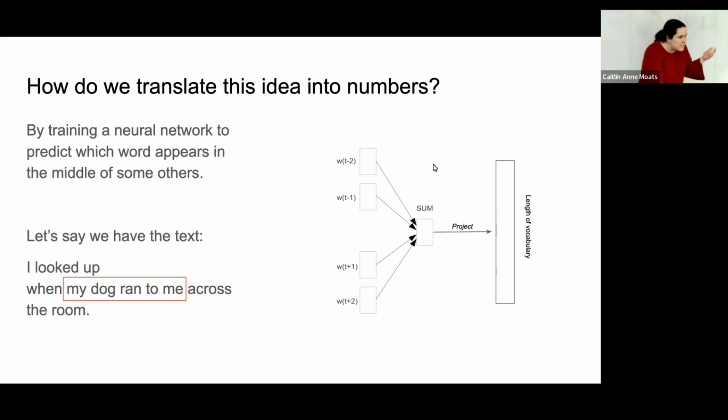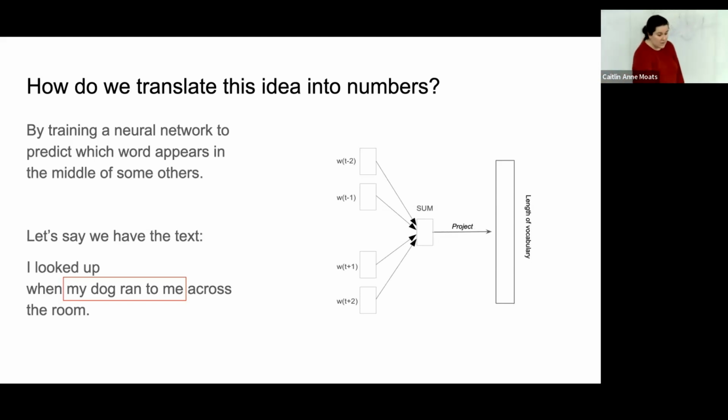So what do we do with those? Okay, well, we're going to sum them together. If you're comfortable with multivariate settings, this is a vector. If you want to think of it as a list of numbers, also fine. And then we project those, again using learned parameters, into a vector or a list that is the length of the full vocabulary.